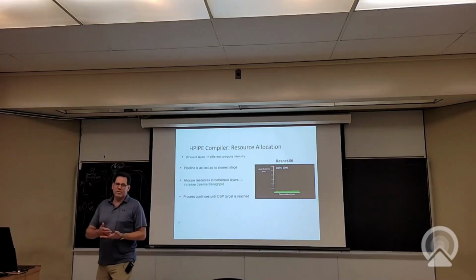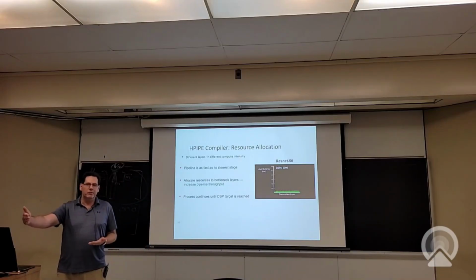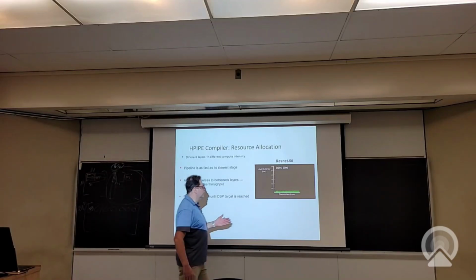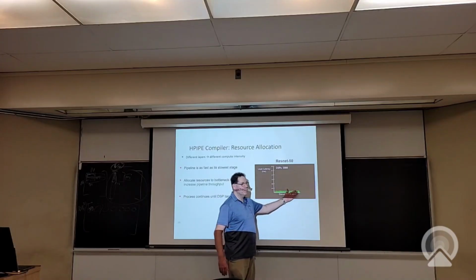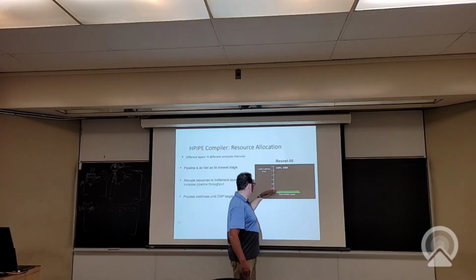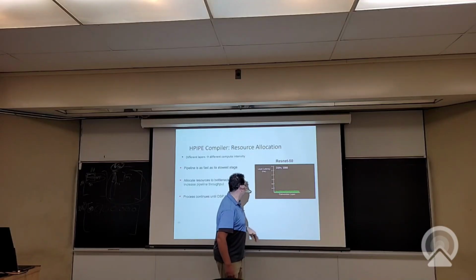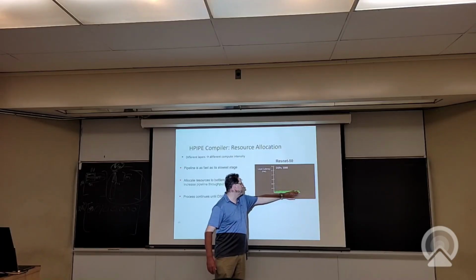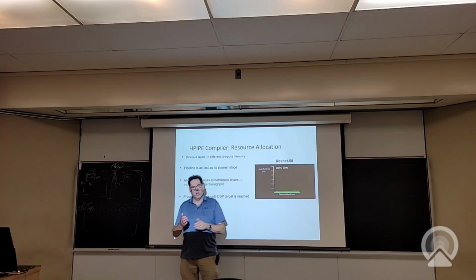And a pipeline is limited by the slowest stage, right? The slowest layer, because all these layers feed each other. So it basically allocates more and more parallelism, which results in more and more DSPs, to the slowest layers until it gets a pretty balanced and pretty fast pipeline. So now all the layers are having pretty close to the same latency, which means they can all kind of keep up with each other.